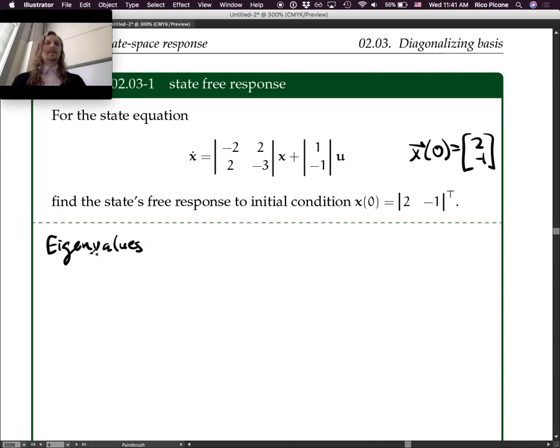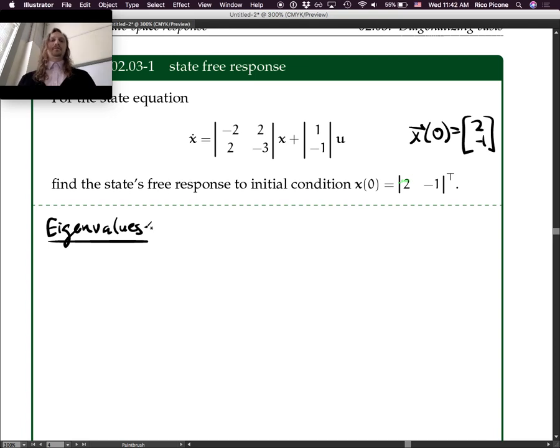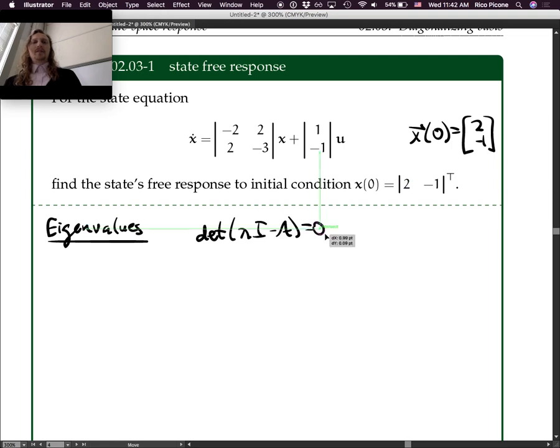Eigenvalues. Do you guys remember what the equation is? Determinant of lambda I minus A equals 0. And that's just going to give us our lambdas, right? We'll go through the details, but I know it's boring, so I apologize. Just for me, just going through the details. It's cathartic. Okay.